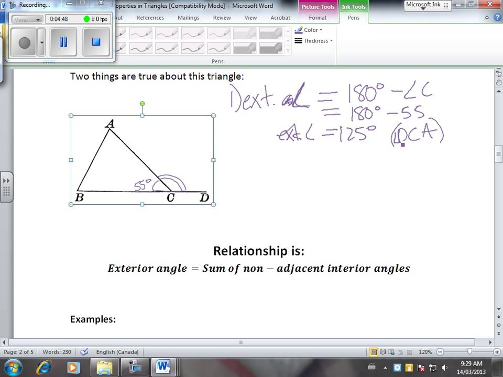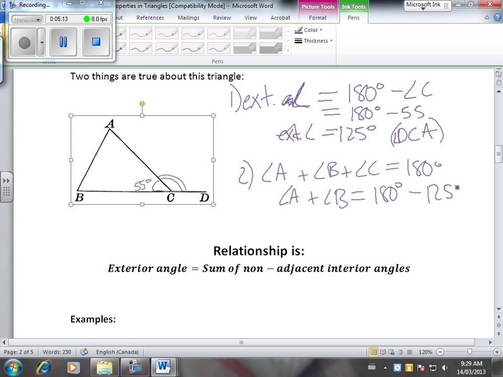And then we also know that all three interior angles must add up to 180 degrees. So we can't find out the exact values of A and B, but we know that angle A plus angle B plus angle C equals 180 degrees. So angle A plus angle B must equal 180 minus 55 degrees, because we want angle C. So angle A plus angle B equals 125 degrees.